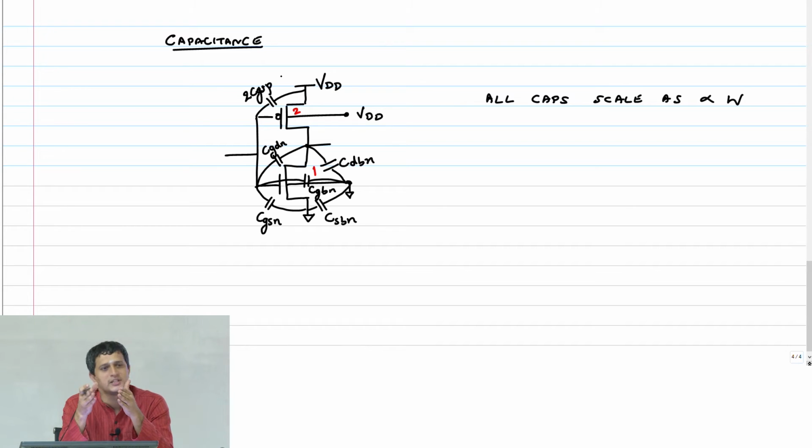If the CGS is CGS for the NMOS, then if the same width I use for the PMOS, then that is also CGS. There's no big difference there, if you remember. Just because there are holes there, the capacitances don't change. So let me just write that down.